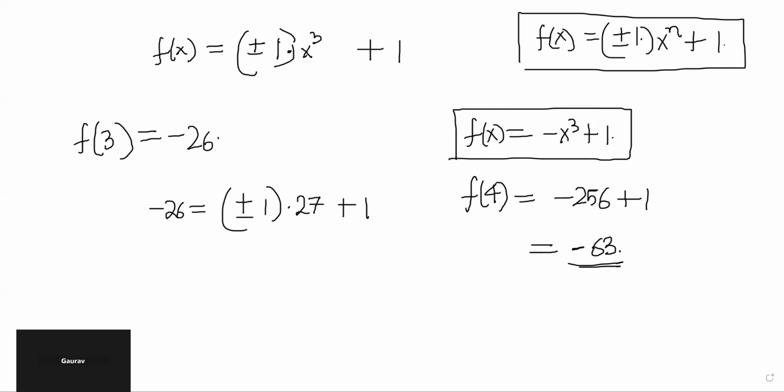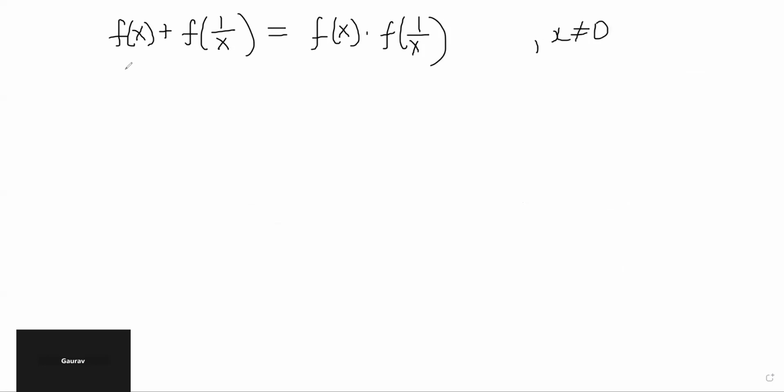So this tells us one nice thing, which you should remember because you don't have time to do the same steps every time. If you have a polynomial that satisfies this functional equation, the polynomial is likely to be like this.